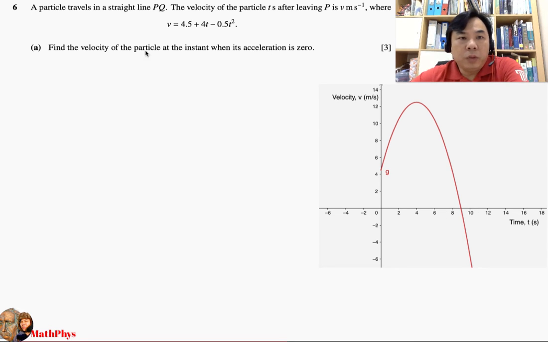Now we need to find the velocity of the particle at the instant when the acceleration is equal to 0. We know that a graph of velocity against time represents both the acceleration and the distance travelled. So the gradient of this curve represents the acceleration. This is no longer a straight line or uniform motion, so we have to apply a bit of calculus, integration and differentiation. Let me write down the definition beforehand.